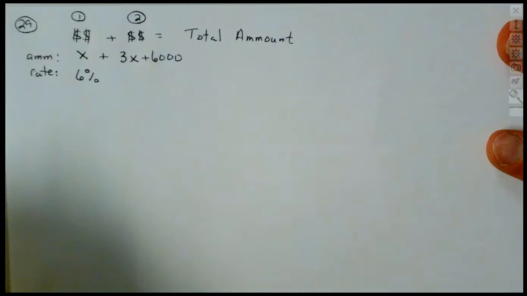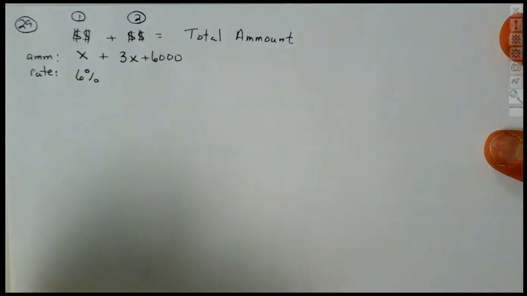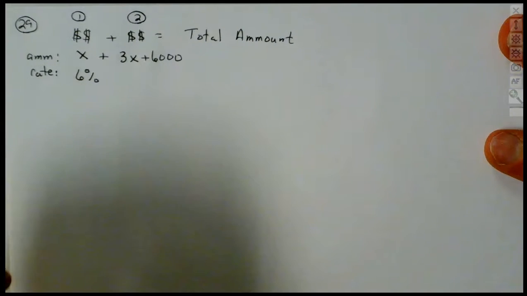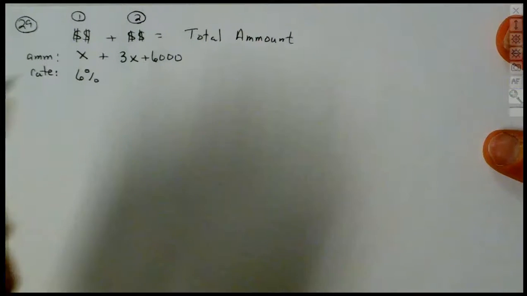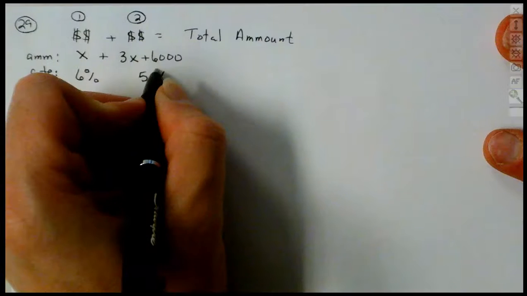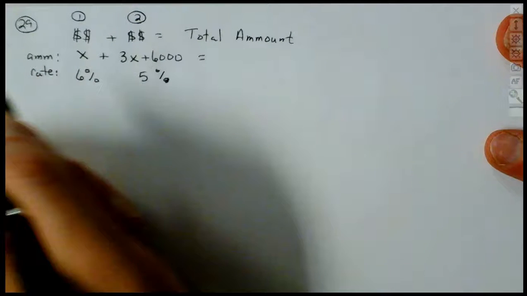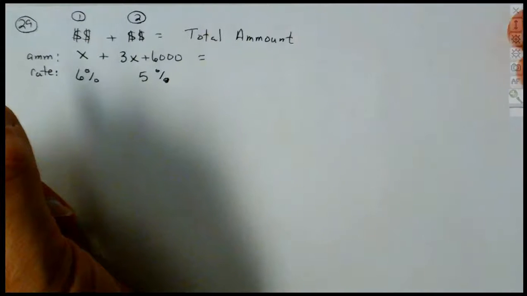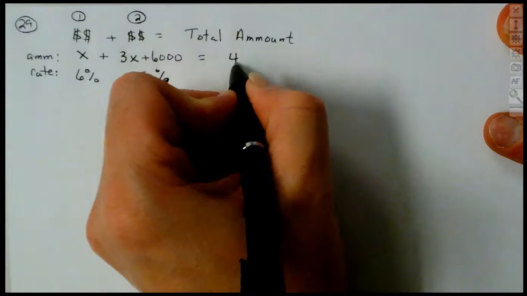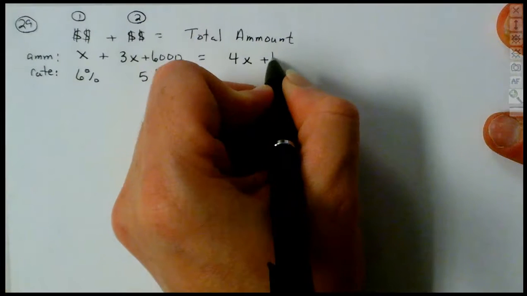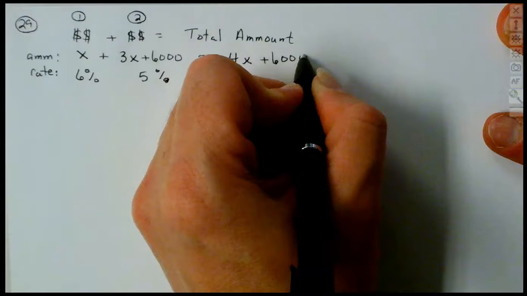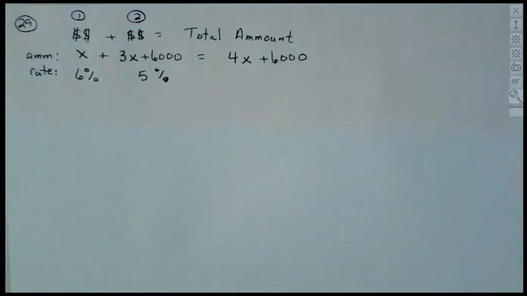And that fund pays a little bit less. That fund only now pays 5%. And we'll go ahead and add these across to get the total amount. Not the interest, this is total amount. And my total amount would be 4x plus 6,000 if I add across.